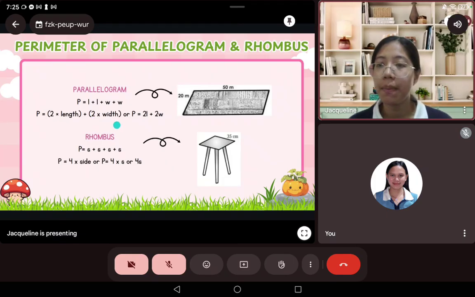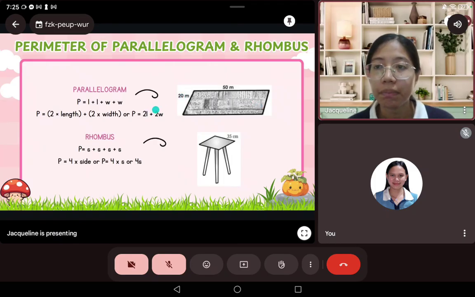We can also use P equals the quantity of 2 times length plus the quantity of 2 times width. We put 2, class, because we have 2 equal sides of length and 2 equal sides of width.